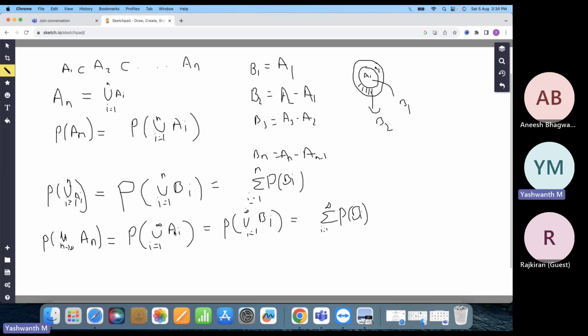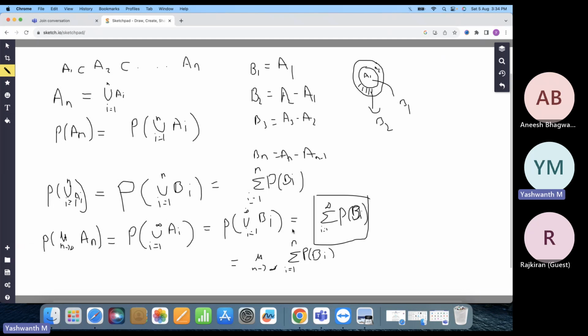Because this is an element of F, P on this exists and this also exists. And because this series is convergent, you can write it like this: limit n tends to infinity of the sum from i equal to 1 to n of P of B_i.